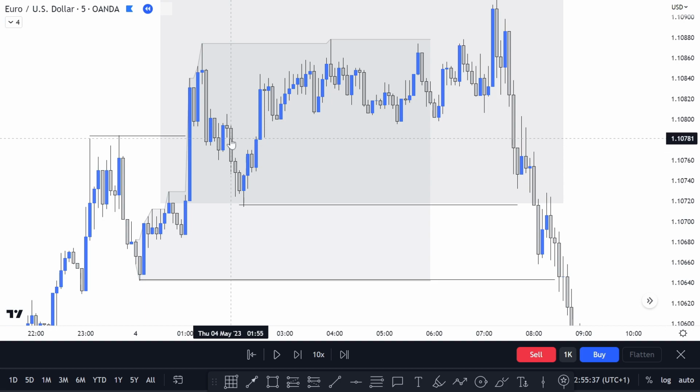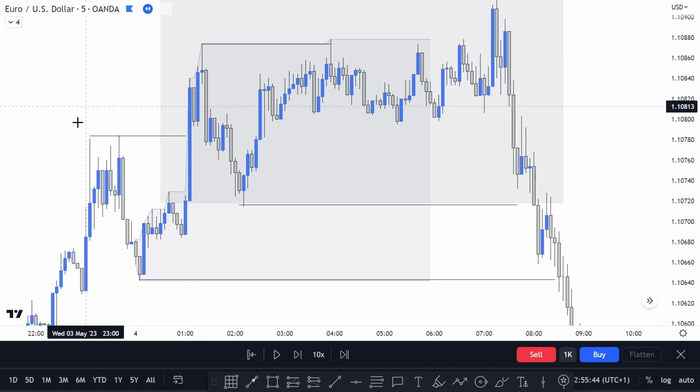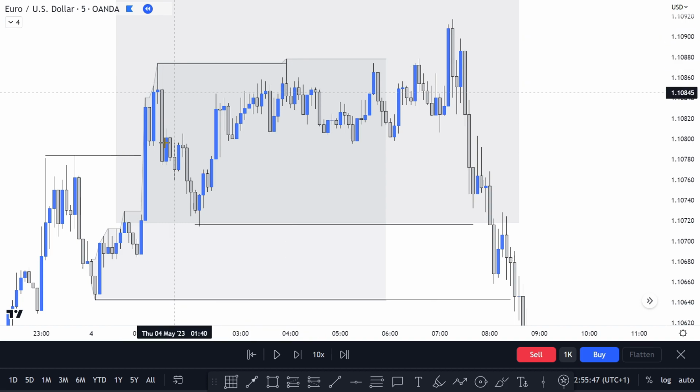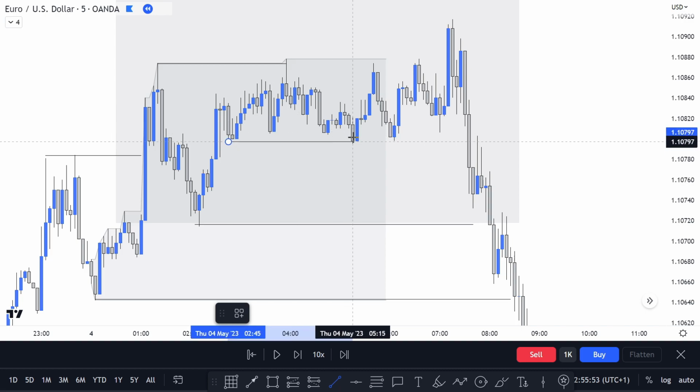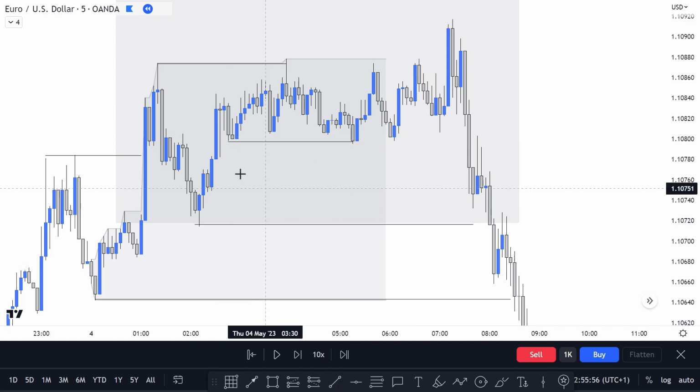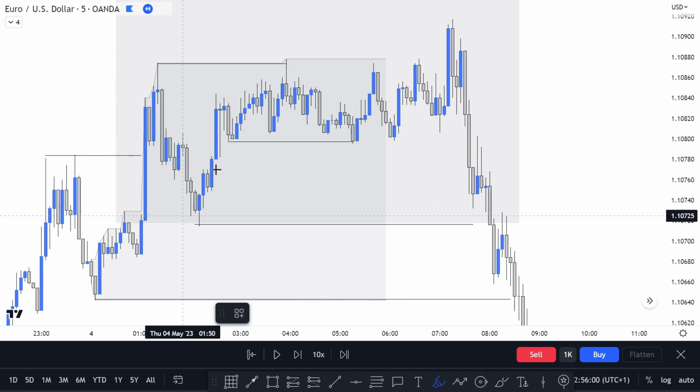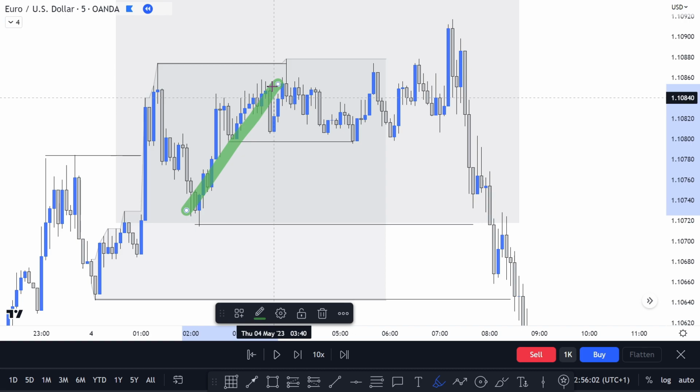Now, as price gets moving up, other levels of change of character are being formed. Which of these levels? These are the levels. We have a sweep right there. This is not a change of character. Don't mark this as your change of character. You know why? Because this is just a single move. Why?